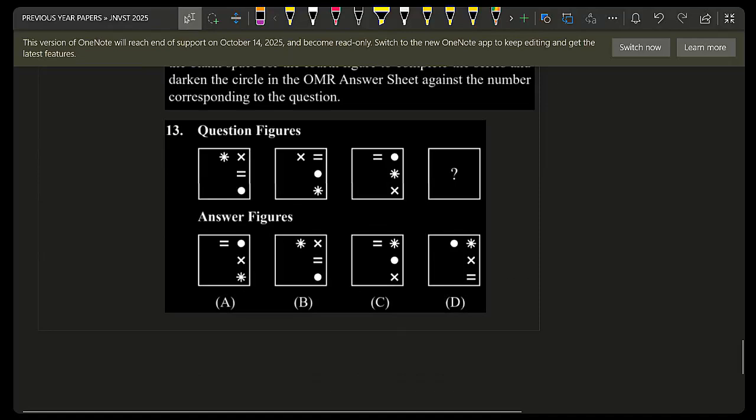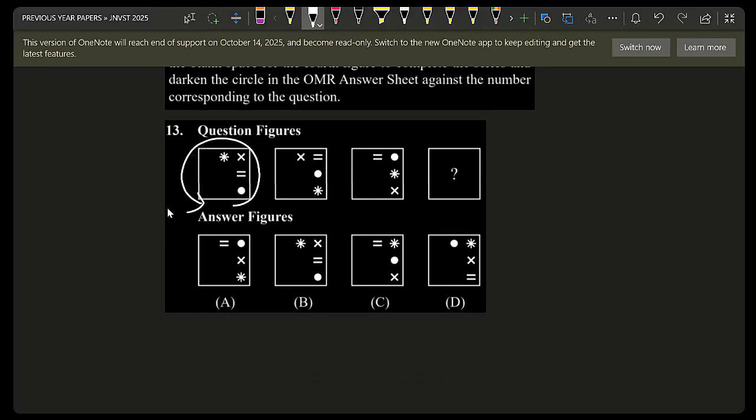Each element is shifted to the place of the next element in the anti-clockwise direction. So you can see this is anti-clockwise direction. This is anti-clockwise direction. So each element is shifting its place. The dot is going to the next place, and from here it went to the next place, and from here it should go to the other place. So it's there clearly in option D.